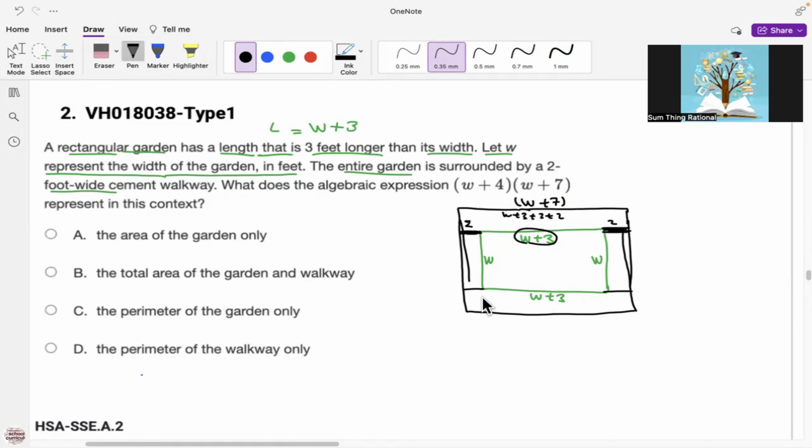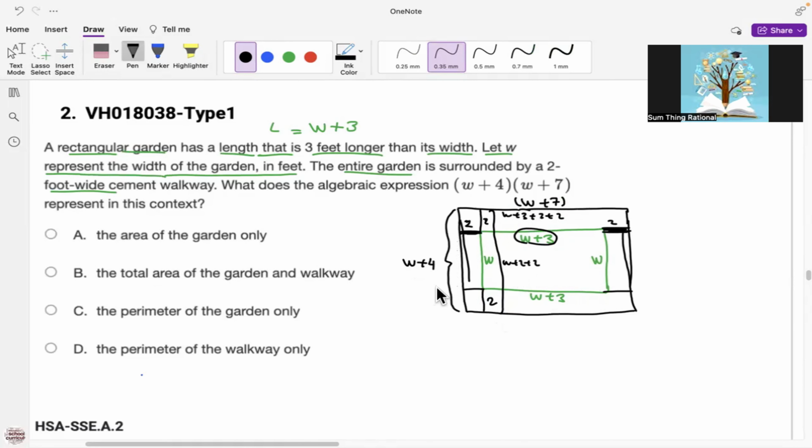So the width also extended 2 feet this side, 2 feet this side. In total here, we have 2 feet, 2 feet and W, so it becomes W plus 4. It means that the new width of my rectangular garden is W plus 4.